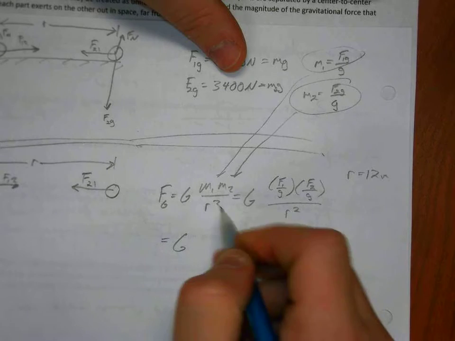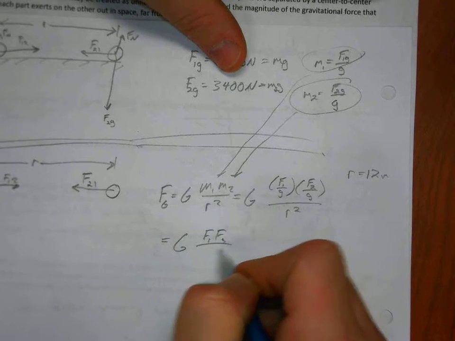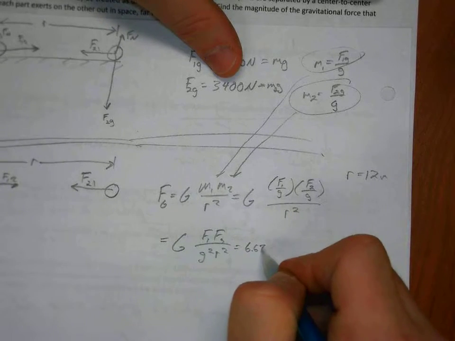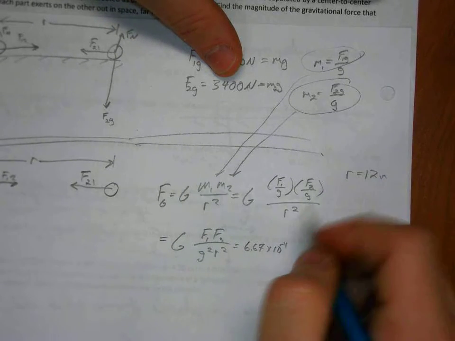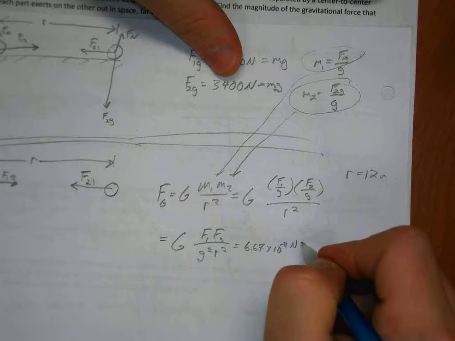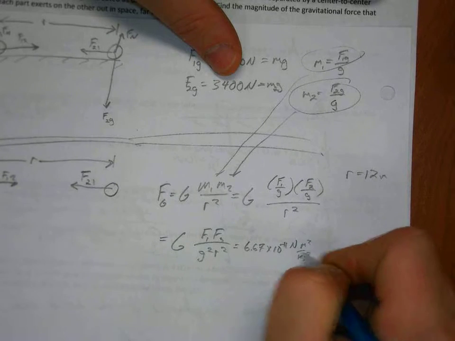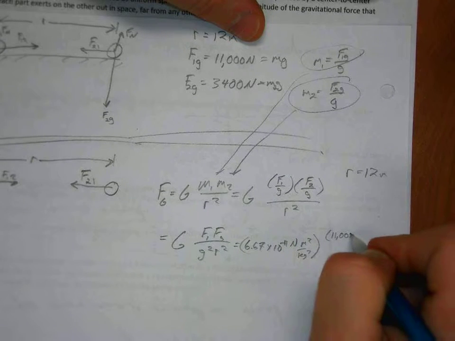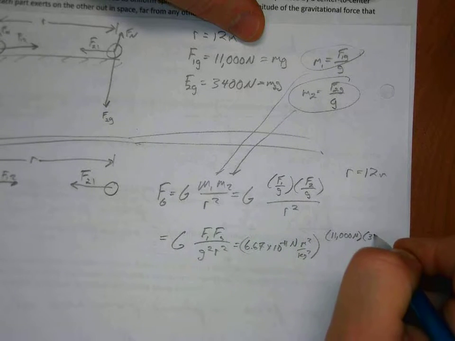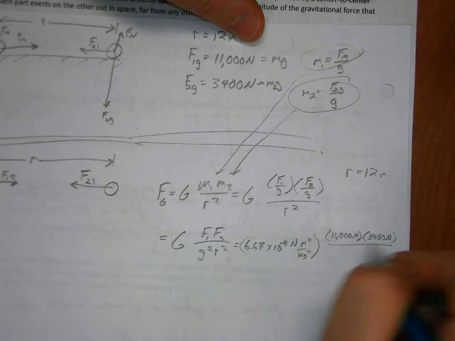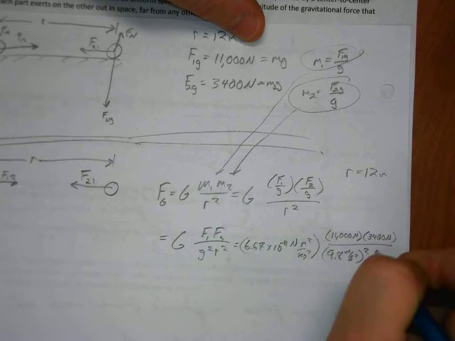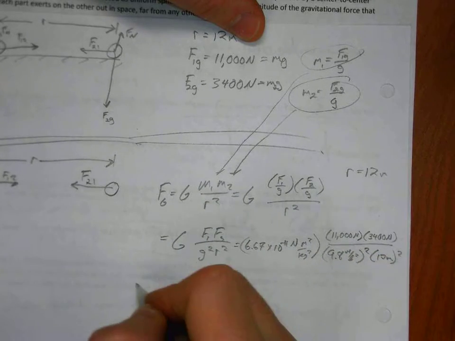So F equals G F1 F2 over g squared r squared, or 6.67 times 10 to the negative 11th newtons meters squared per kilogram squared times F1, 11,000 newtons, times F2, 3,400 newtons, over 9.8 meters per second squared, squared, times 12 meters squared.